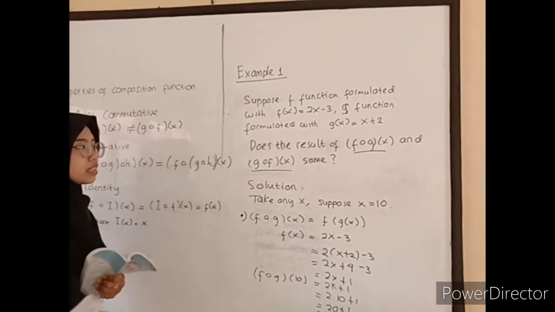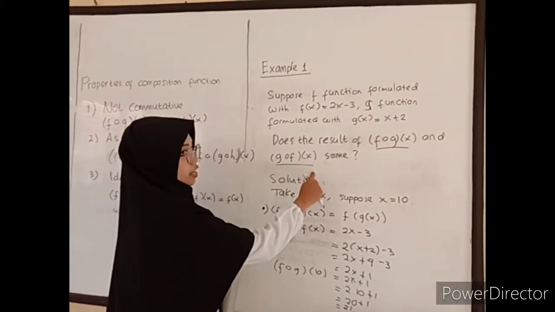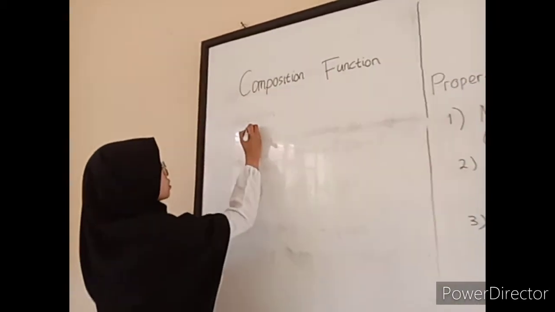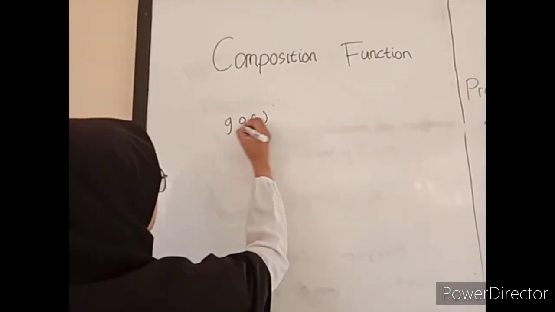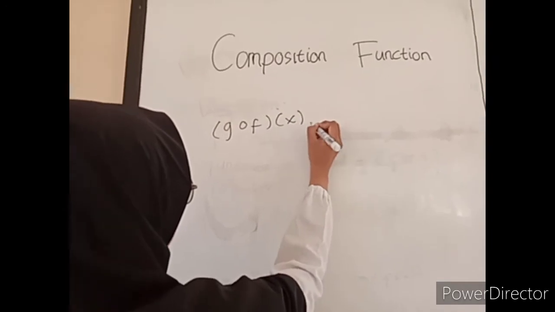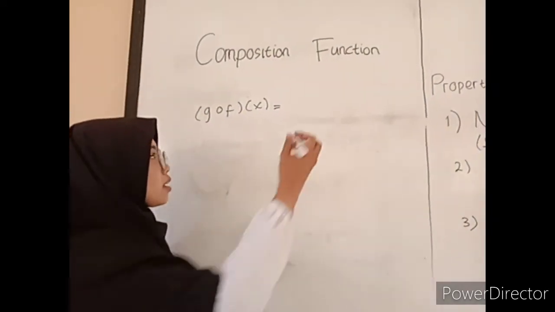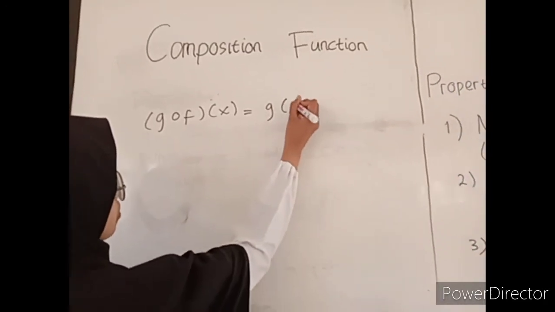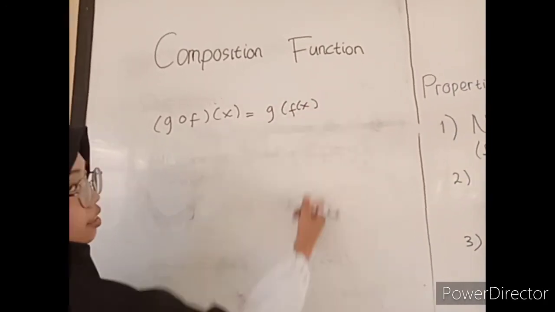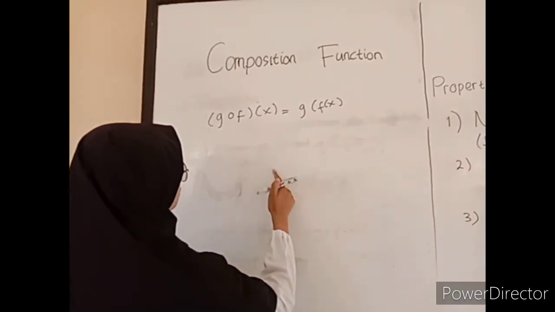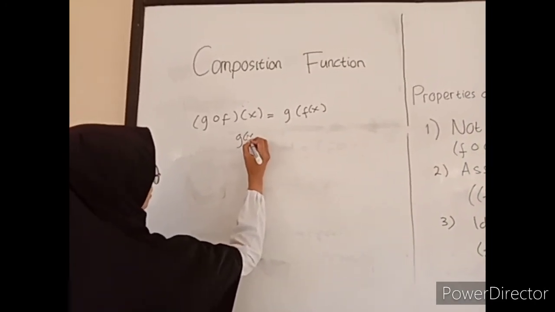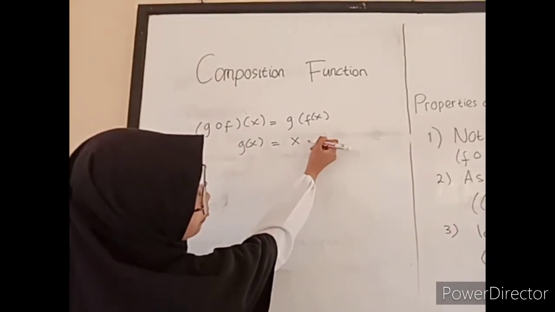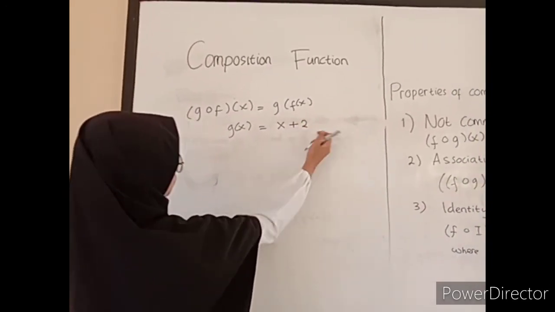And then we will find g from f(x). We can write it in another form, g(f(x)), like this. And then for g(x) is x + 2.